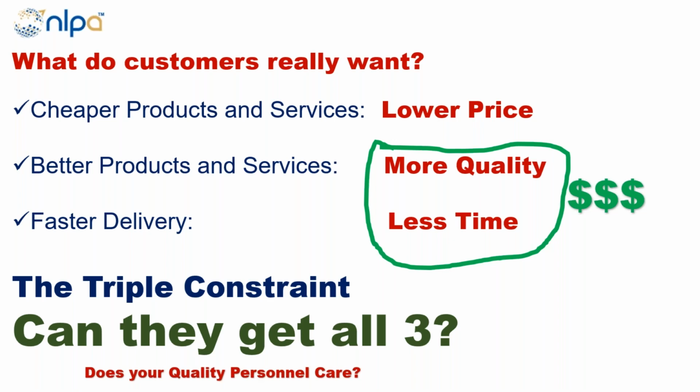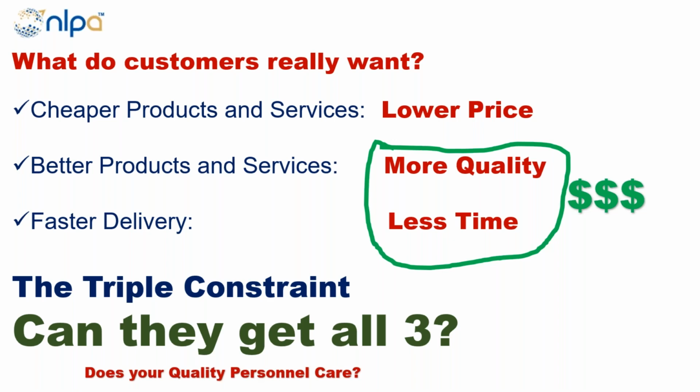The modern customer wants their products and services cheaper, better, and faster. So cheaper, lower price; better products and services, more quality or enhanced quality; and they want their products and services delivered more quickly in less time.